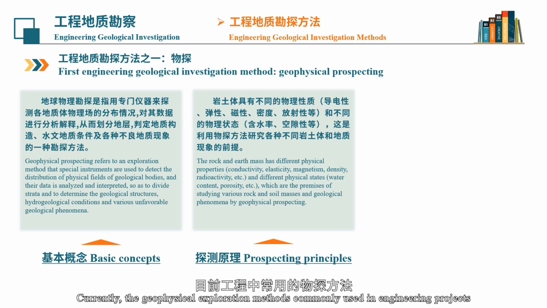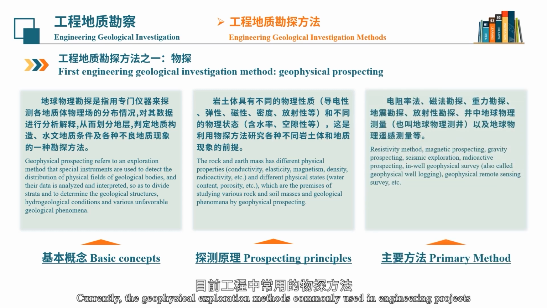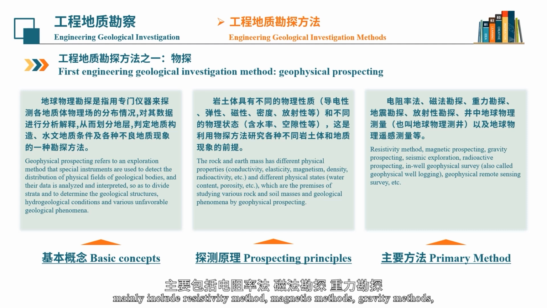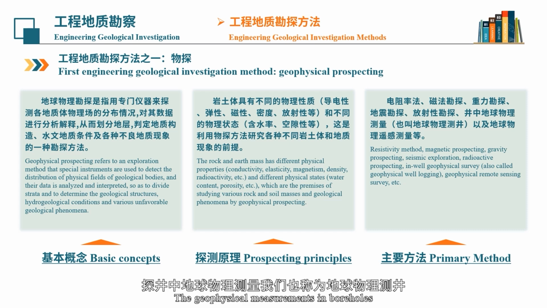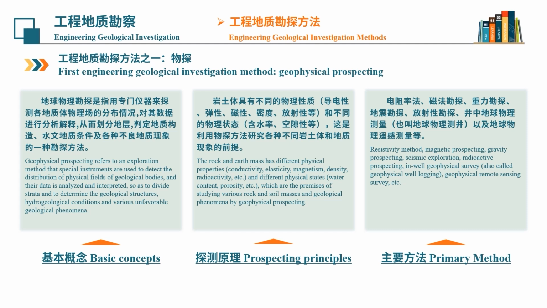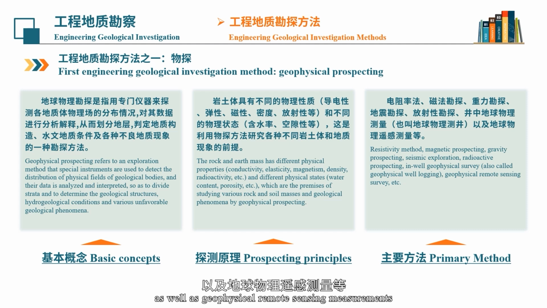Currently, the geophysical exploration methods commonly used in engineering projects mainly include electrical methods, magnetic methods, gravity methods, seismic methods, and radioactive methods. The geophysical measurements in boreholes are also referred to as geophysical well logging, as well as geophysical remote sensing measurements.